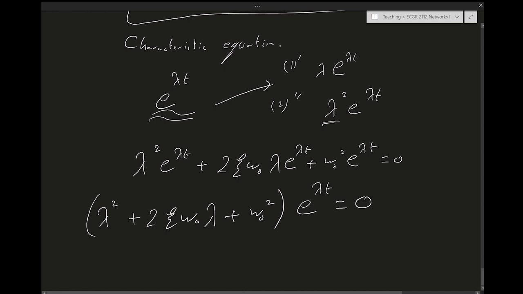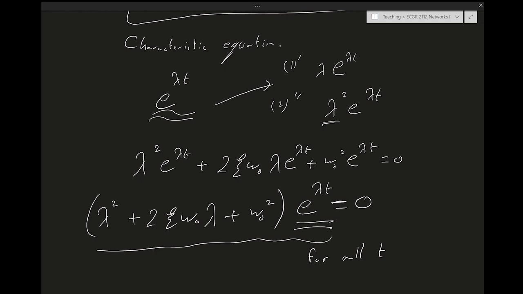Here's the interesting part. For this to be a solution at all, this equation must equal 0 for all t. A differential equation is not true only for a certain time, it's true for all time. So this thing must equal 0 for all t, and it cannot unless lambda is chosen such that this term is equal to 0.